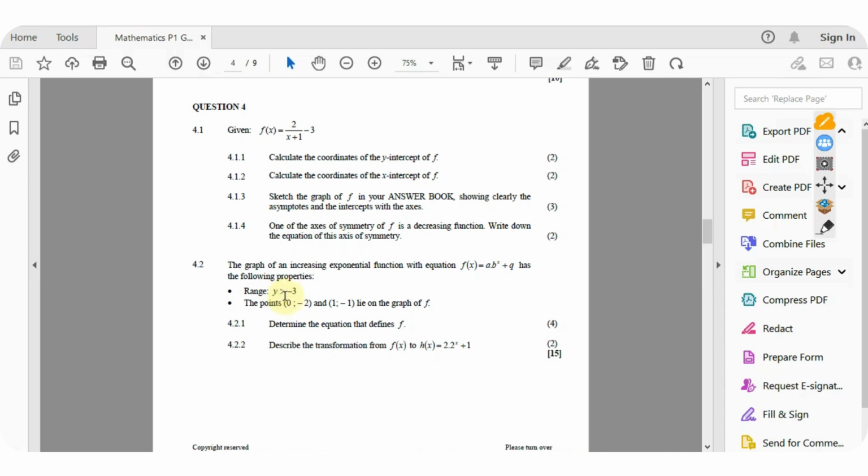They said range is greater than -3, meaning the graph does not touch -3. So that is the asymptote, q is -3. We know that.